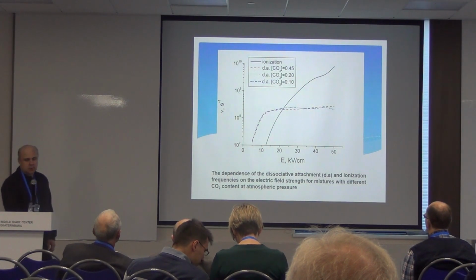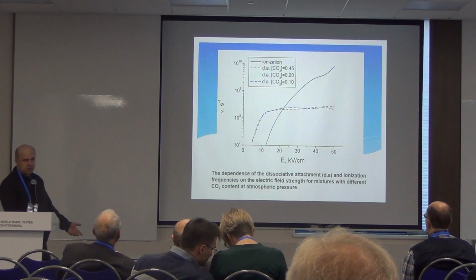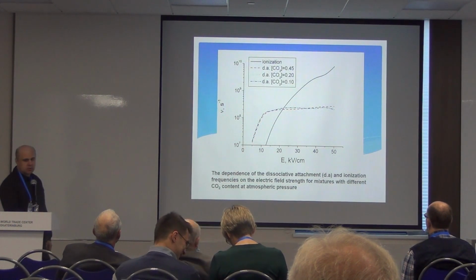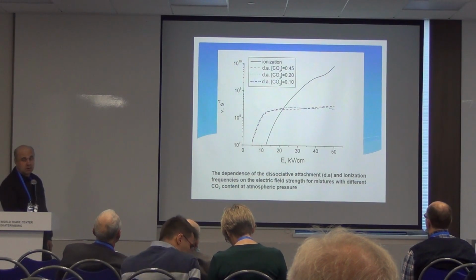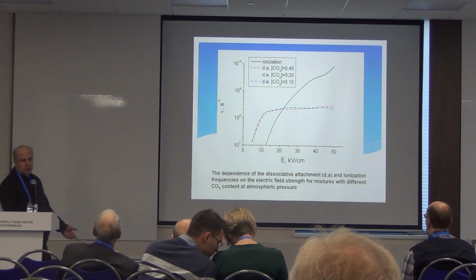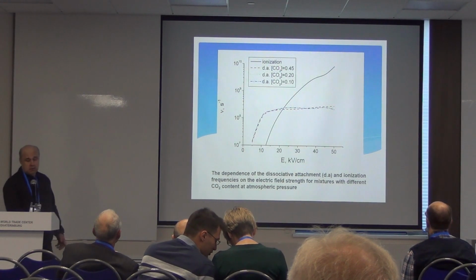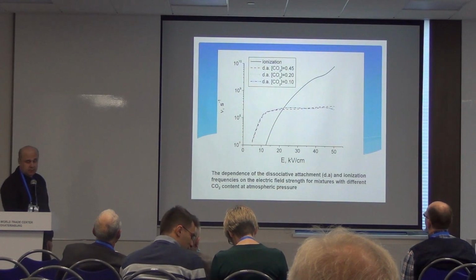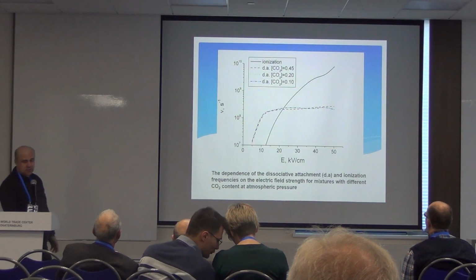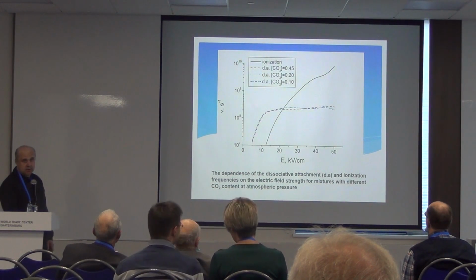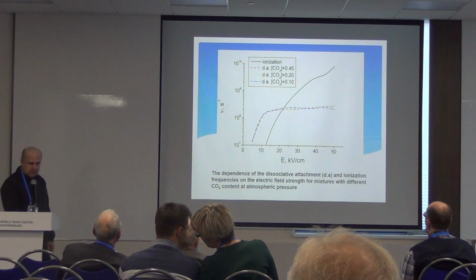The constants with the participation of electrons we calculated using Monte Carlo simulation of electron motion in the electric field. The results of this simulation you can see in this slide and the next slide.